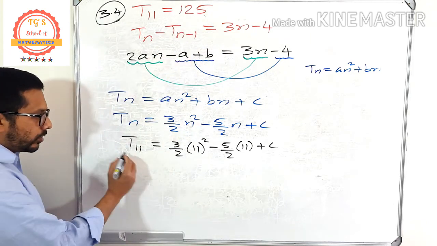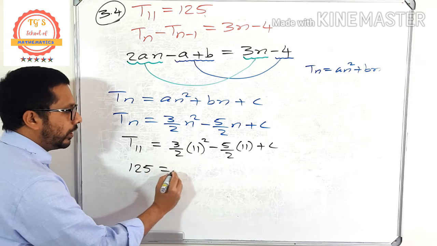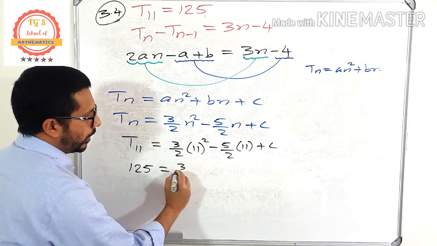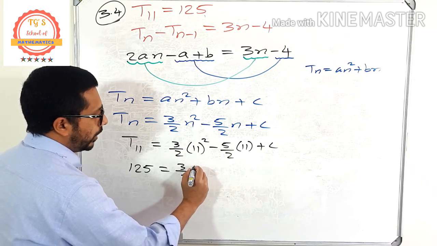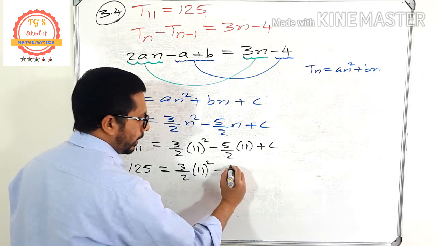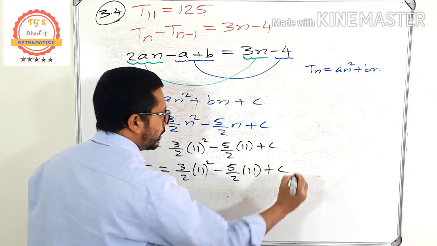So instead of this T11, I can write 125 is equal to 3 over 2, 11 square. I'm not going to simplify that one, you can find the answer in the calculator. Minus 5 over 2 into 11 plus c.